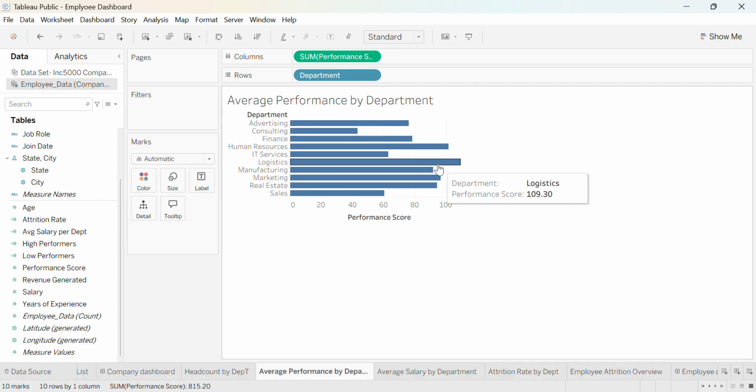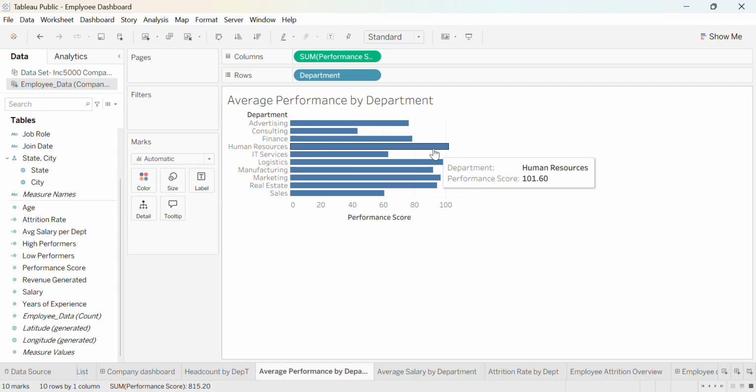Human resources and real estate follow with scores between 90 and 95. IT services and consulting are in the 70 to 80 range. Sales has the lowest performance score at around 55 to 60 out of 100.